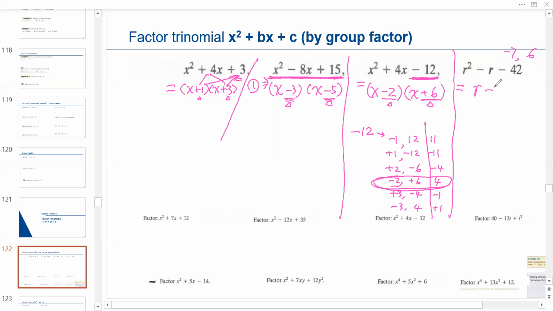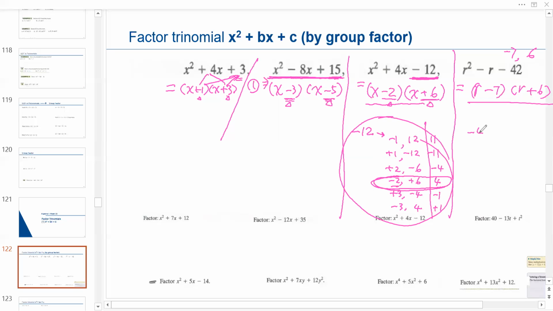So R -7, R +6. That's it. We know that when we're thinking about it, we need to do this process and then do the group factor. But if you are very familiar with this process, you can do it in your mind.